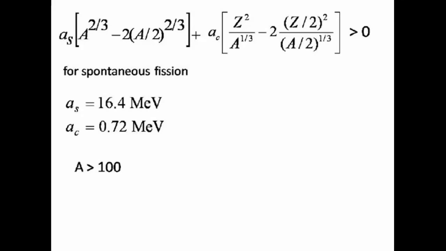But we very well know that we have so many nuclei with A greater than 100, at least up to uranium 235 and 238, and beyond also there are so many nuclei above this A equal to 100 mark, which in general are very stable.